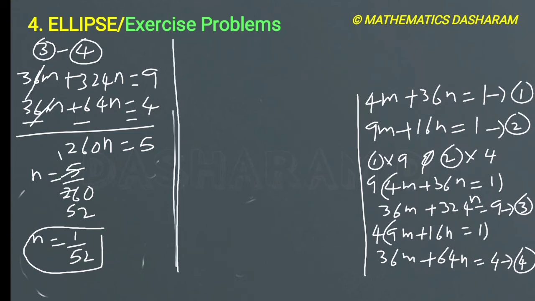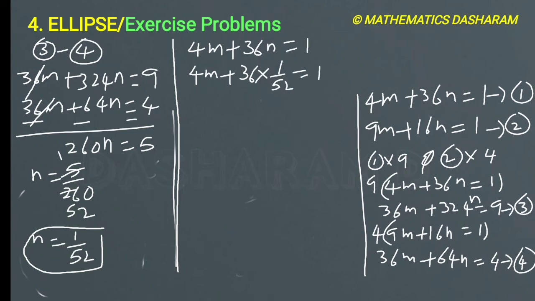So I am substituting in equation 1, that is 4m plus 36n equals 1. 4m plus 36 into n value 1 by 52 equals 1. Here both are coming in the 4 table: 4 9s are 36, 4 1s are 4, 4 13s are 52.